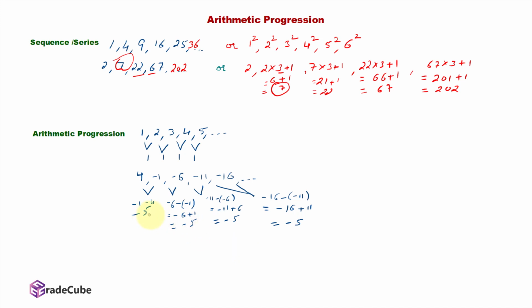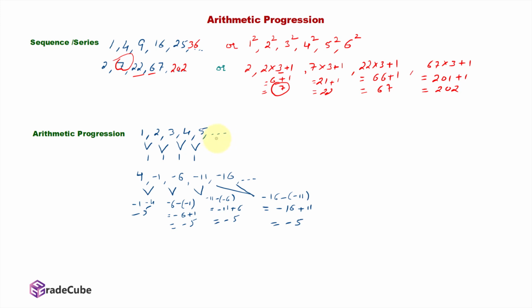So, because the difference is the same in all the consecutive terms, that's why it is an AP. If you are wondering what these three dots are doing here, they represent that this series is going up to infinity, meaning there's no end to this series.